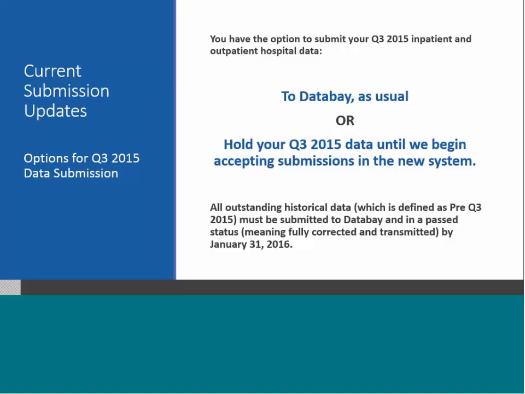If we do not receive the data by that date, unfortunately, we will not be able to include it in the database, and we will make note of any missing or incomplete data in the documentation that we release to the users so that they will be aware of what might be missing.